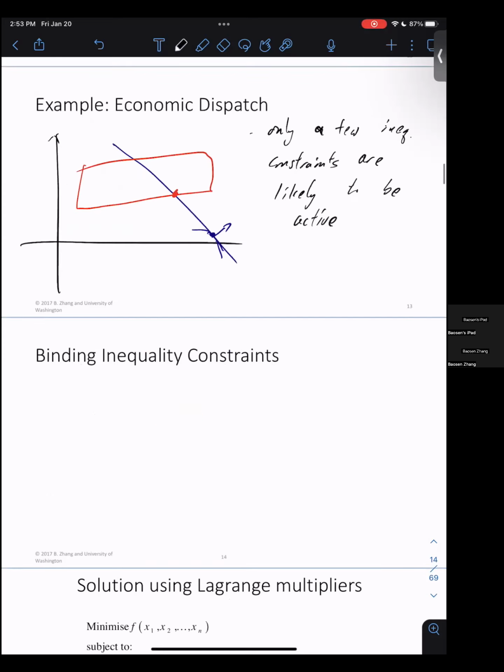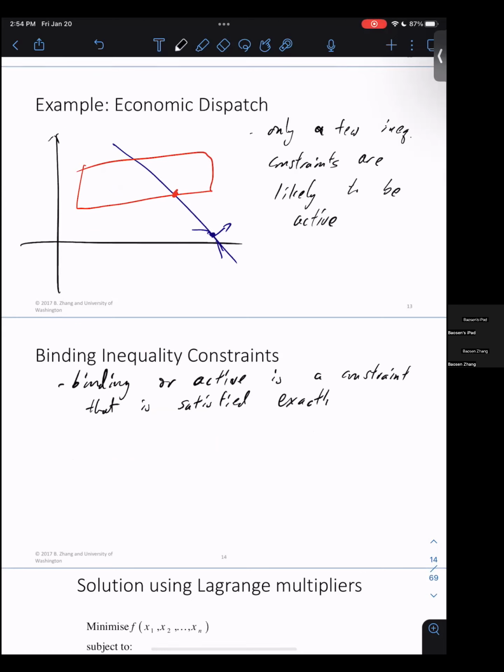Okay, so the thing to remember is that binding constraints are important. A binding constraint is a constraint that's satisfied exactly. That's the idea. Basically, it says, I have an inequality constraint. Let's look at this. For example, let's say I have x1 max.